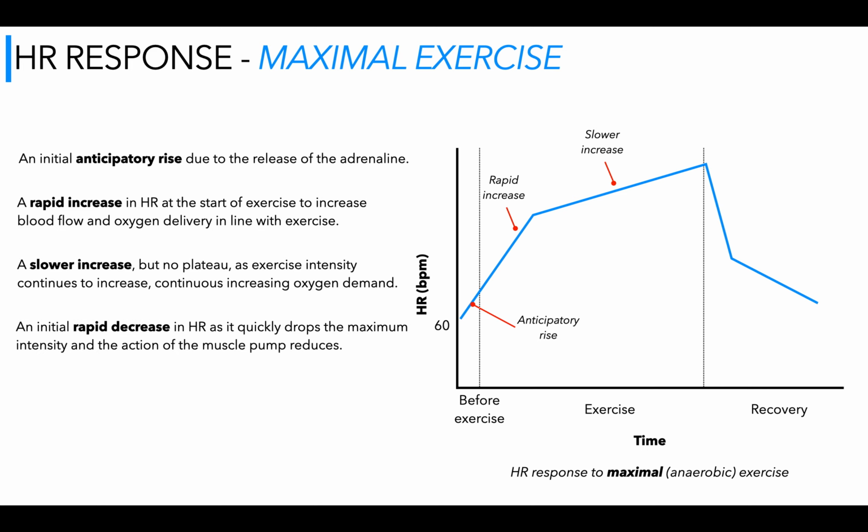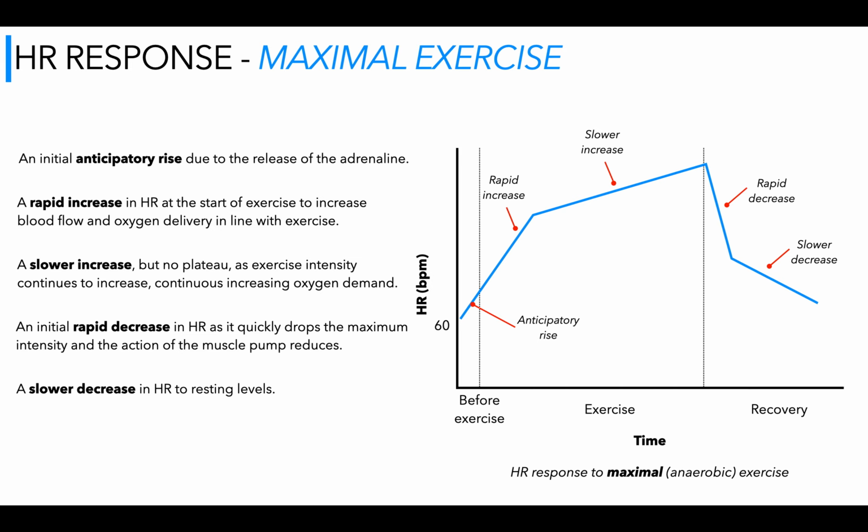Then we'll reach the heart rate max, or the race ends, or you're out of the multi-stage fitness test, and then all of a sudden, an initial rapid decrease, like the last graph at submaximal, because the action of the muscle pump reduces. We're suddenly moving less. However, because we took the heart rate close to its maximum, or until we stopped exercising at a very high heart rate, we have a much slower decrease in heart rate to resting levels.